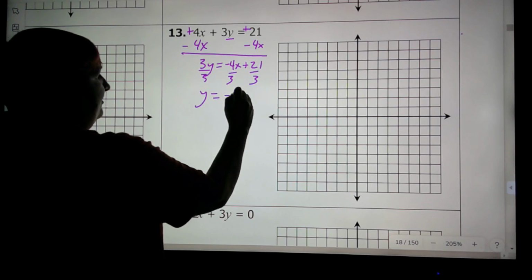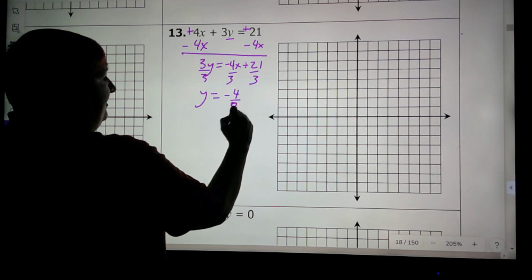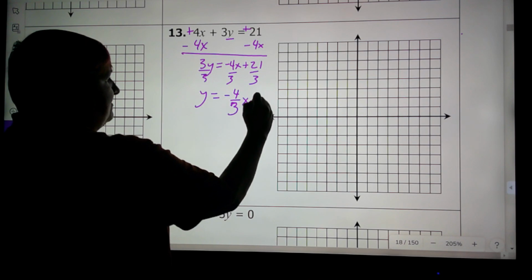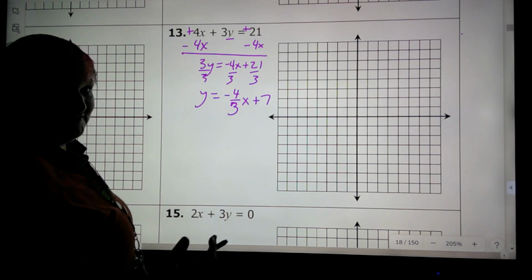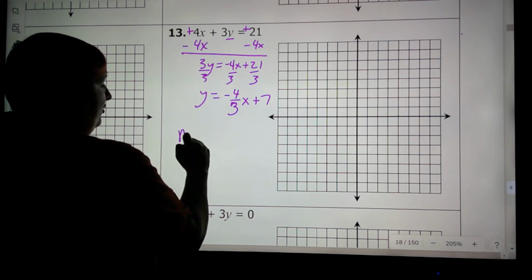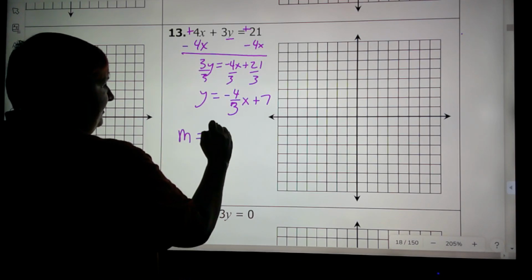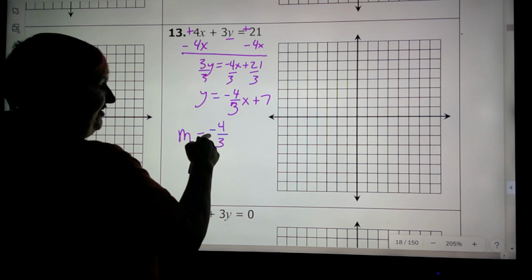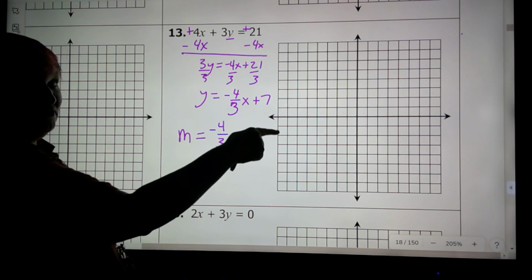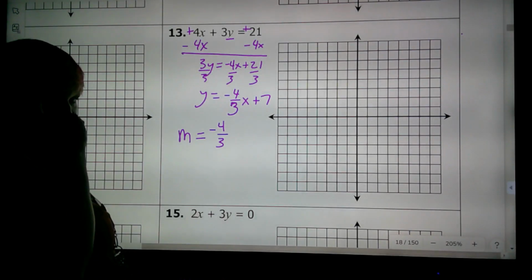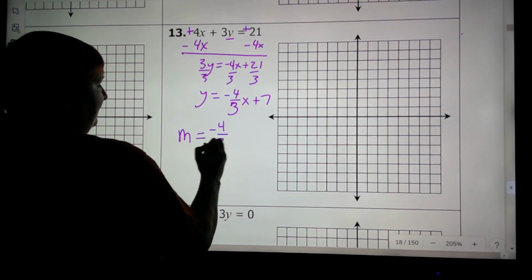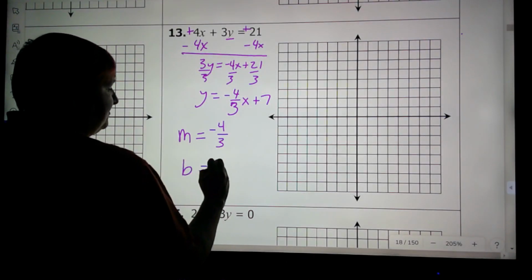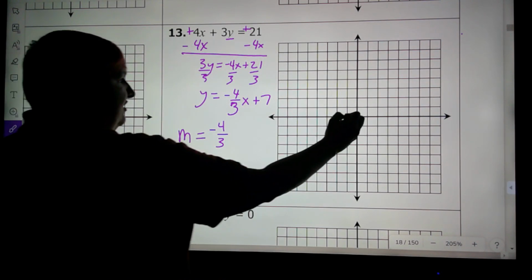Y equals -4 over 3 x plus 7. 21 divided by 3 is 7. So my slope is -4 over 3. I know after I graph it, it should be a negative slope. Think about it. And my y-intercept is +7, so 0, 7.